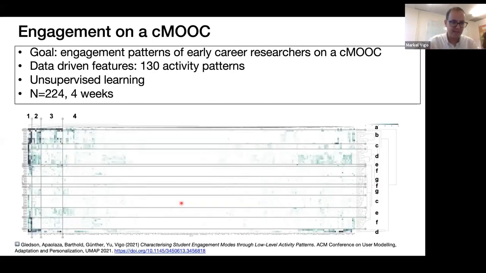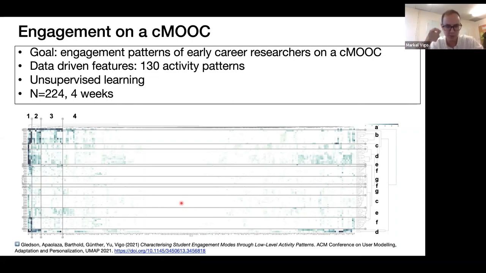The following two case studies are on online learning. Online learning has been a field of study that has received a lot of attention in the last 5 years, especially in the last 2 years, and there's a lot of work done here. But typically the data granularity involved in this kind of studies is clickstream data, which is just sequences of URLs.